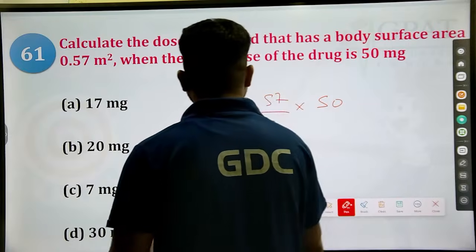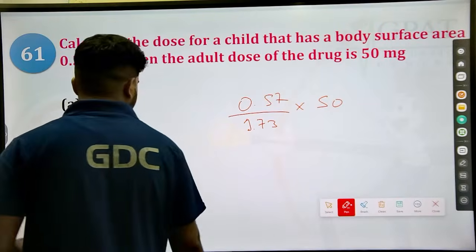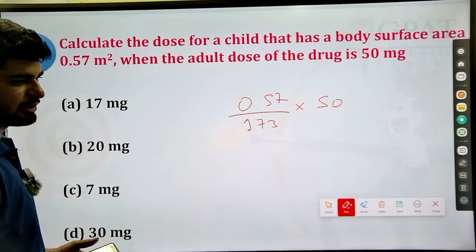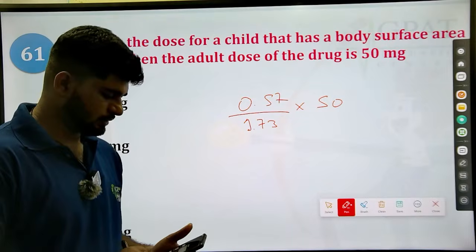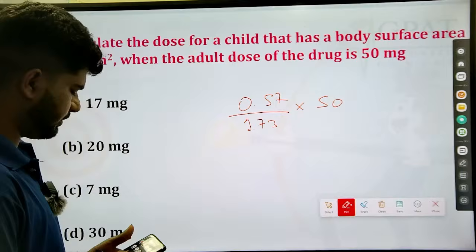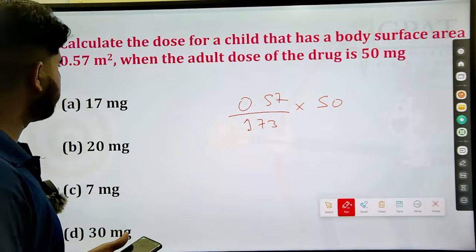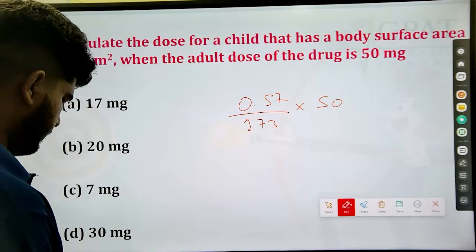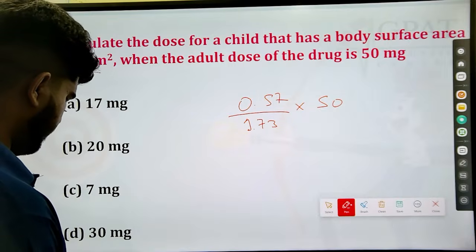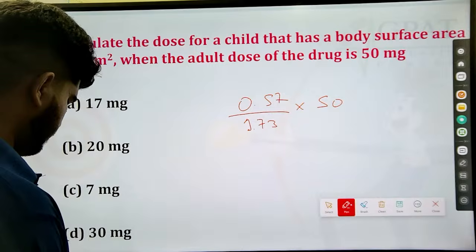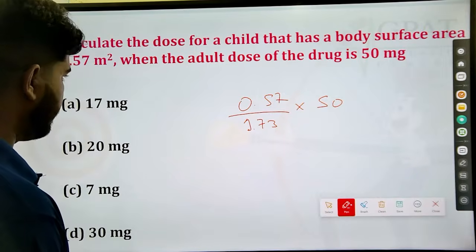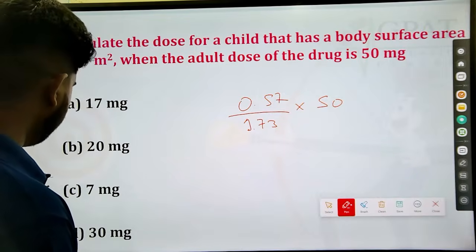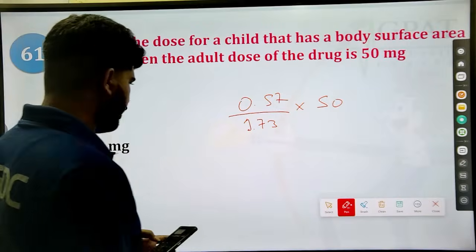What would be the correct answer over here, guys? If I calculate this one, 0.57 divided by 1.73, and if it is multiplied by 50, then it would be around 16.47.